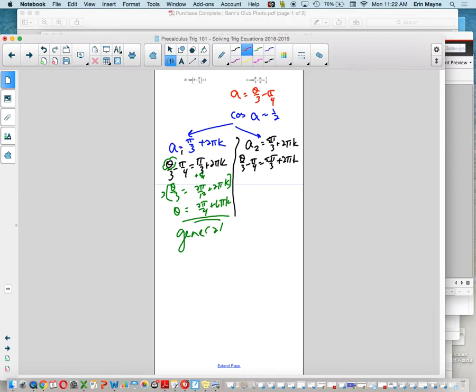what do we do? Add pi over 4. Okay, so I'm going to add it here and here. I get theta over 3 equals, so 12, 4, 20, 20, 23. I believe you. Is that right?